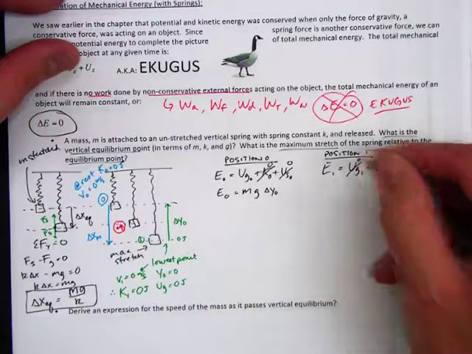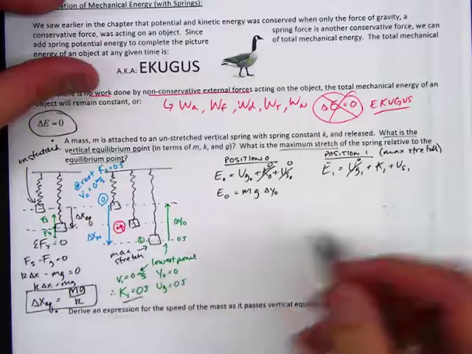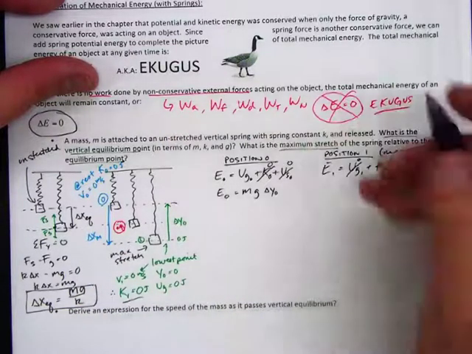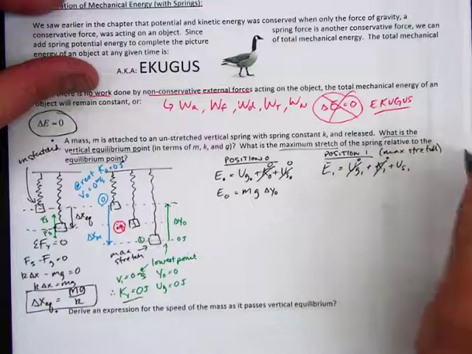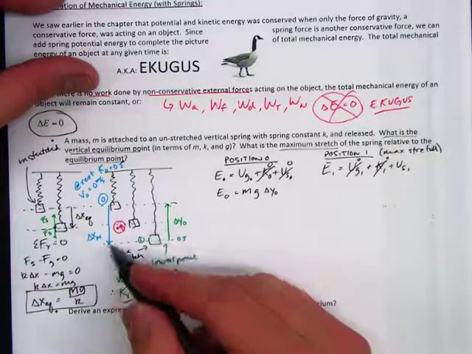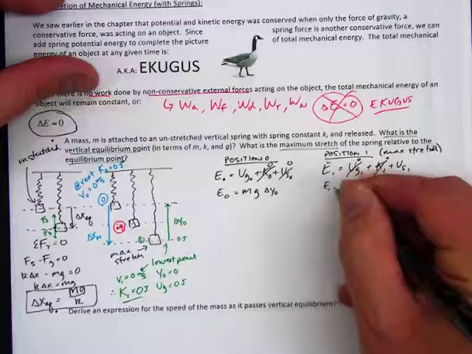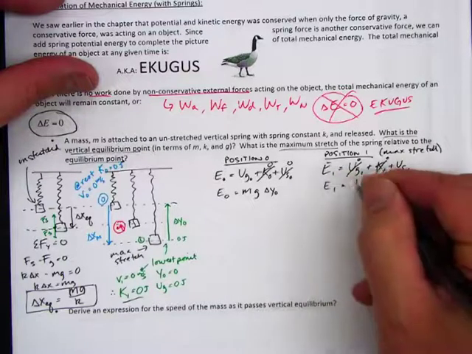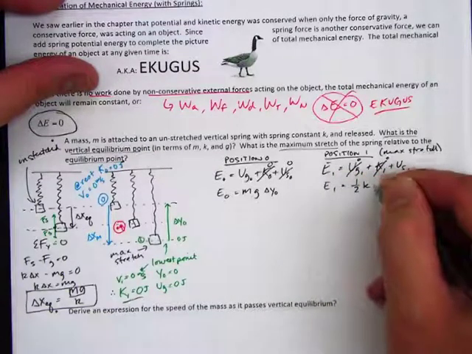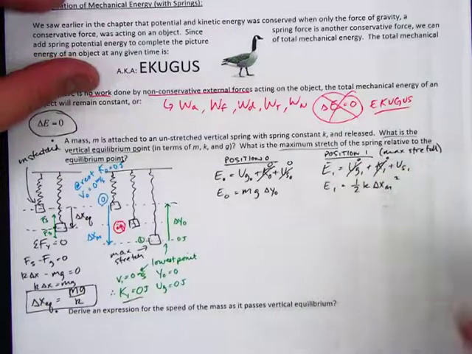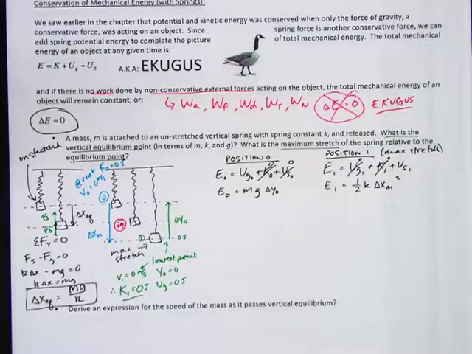So this is 0. I also know that I turn around, right? The spring stretches to its max and then comes back. So at that moment, the kinetic energy is 0. But it's got now all this stored spring energy. I'm going to call this 1/2 K delta x max squared based upon the stretch of the spring.